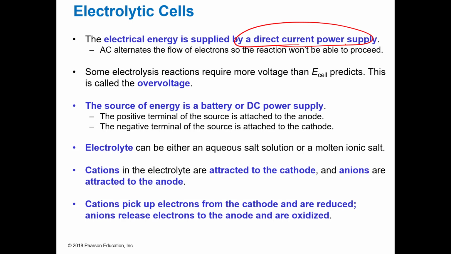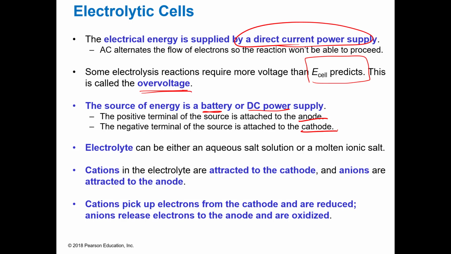Some reactions require more than the E of the cell says they do, so we have to have an overvoltage, because it is not a reaction that wants to occur, and we have to make it. So we are having to add voltage, and sometimes we even have to add more voltage than what it took for the stuff to come apart. We either use a battery or a DC power source. The positive terminal is at the anode, the negative is at the cathode. That's the opposite from what we saw before.